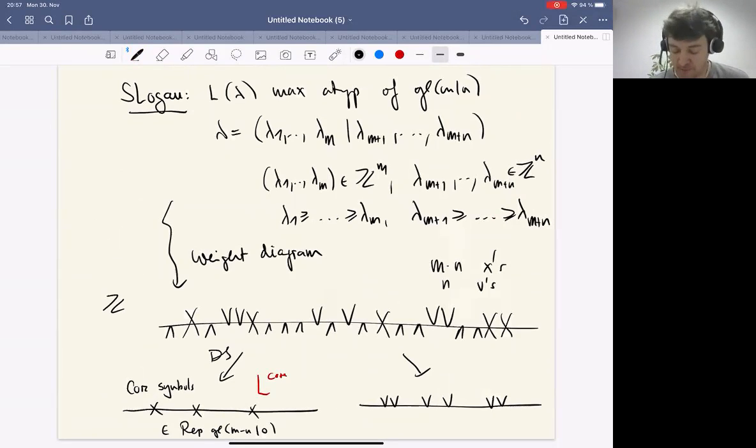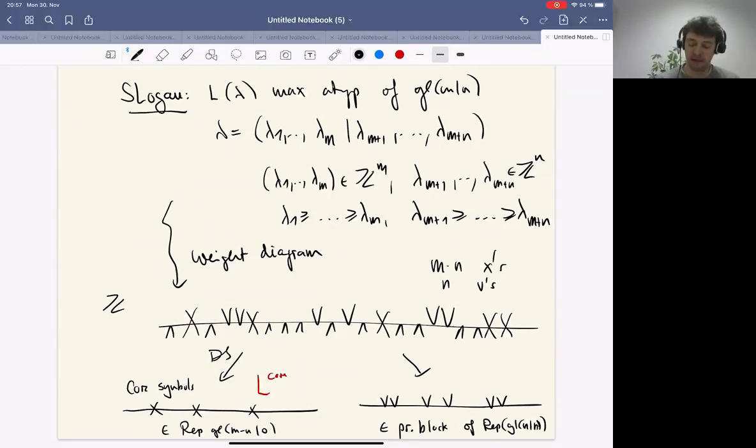And then this here, you see there are no crosses anymore, exactly as if M was equal to N. So this here actually determines uniquely a weight in the principal block of rep GLNN.